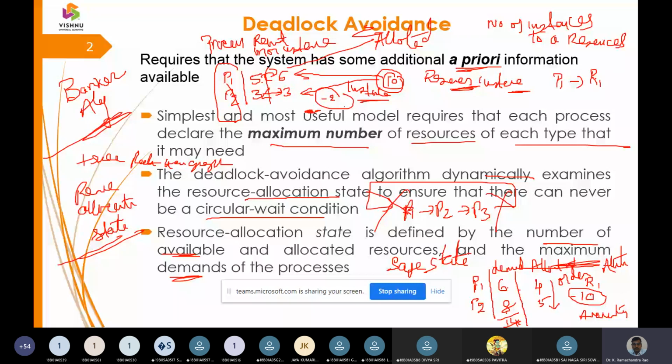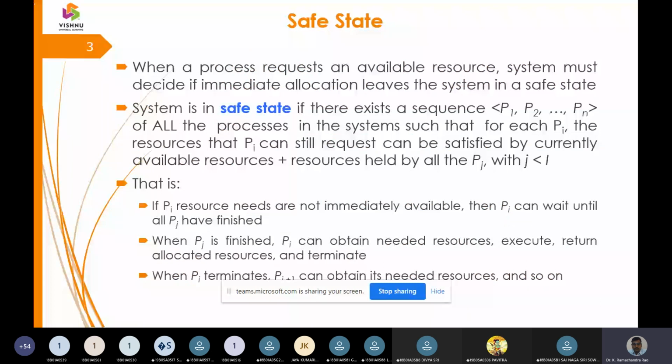We talked about availability, next we talked about demanding, and third we talked about allocation. Neither availability, nor demanding, nor allocation works without a word called safe state.